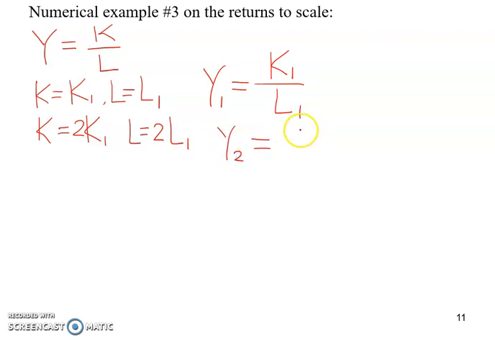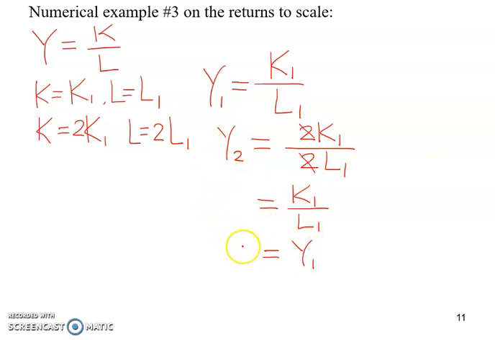This equals, again, plugging the specific levels back into the production function, 2K1 over 2L1. Here we find the number 2 would be cancelled out. So what's left over here is just K1 over L1. And we notice that K1 over L1 is just y1, and on the left hand side that's y2.